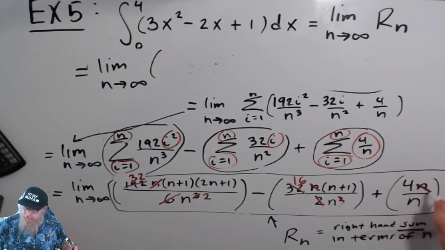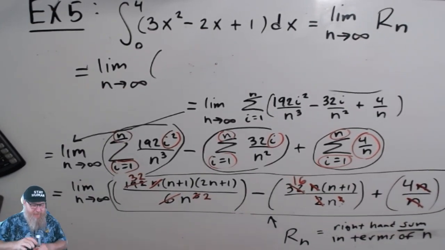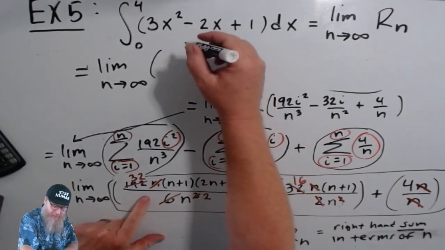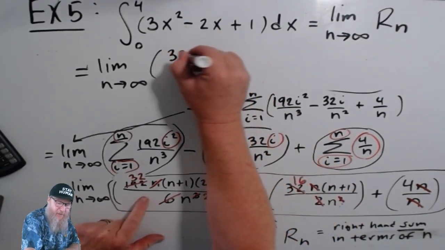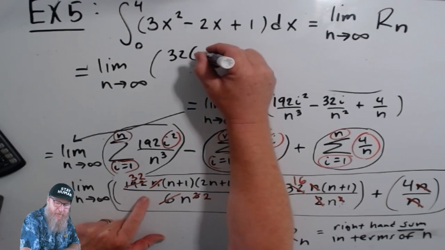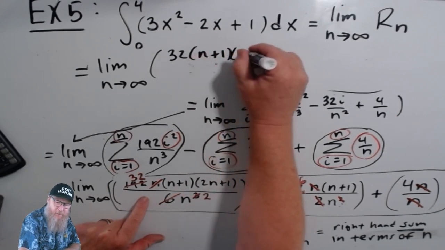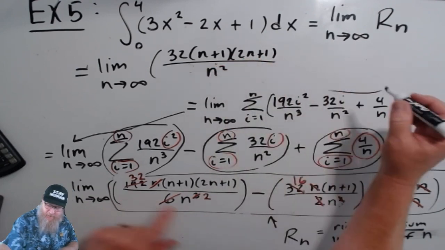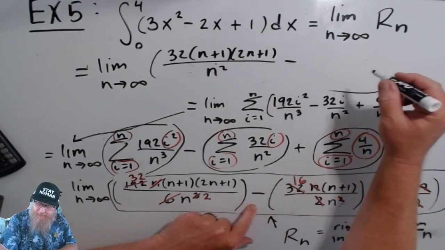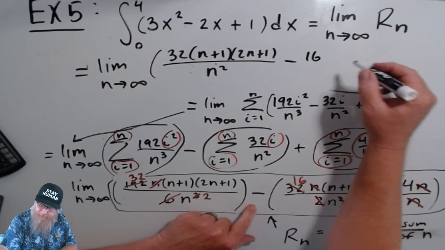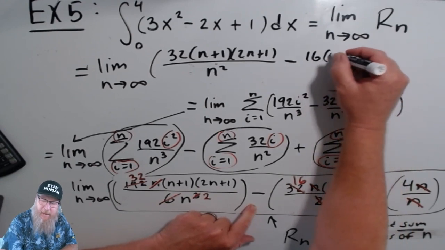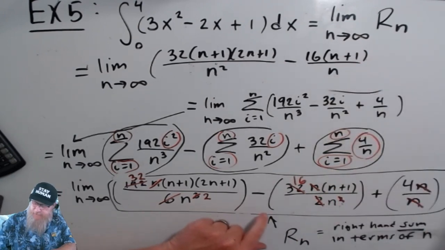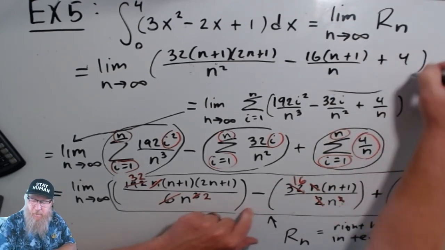And then this one's pretty straightforward, just cancel the n's. So now you're going to take the limit of 32 n plus 1, 2n plus 1 over n squared minus 16 n plus 1 over n, and then plus 4.